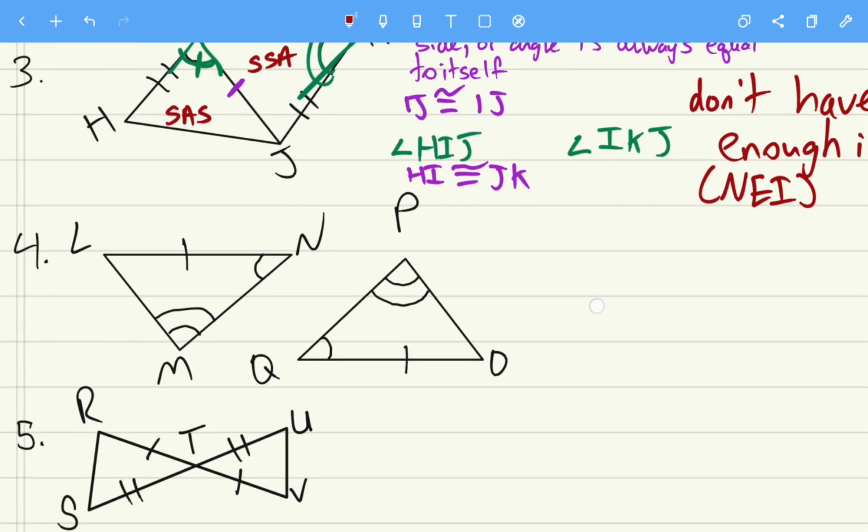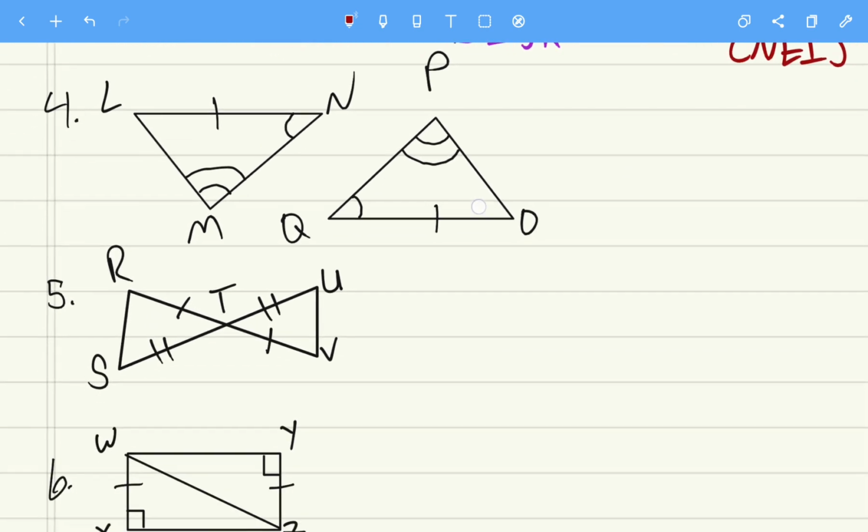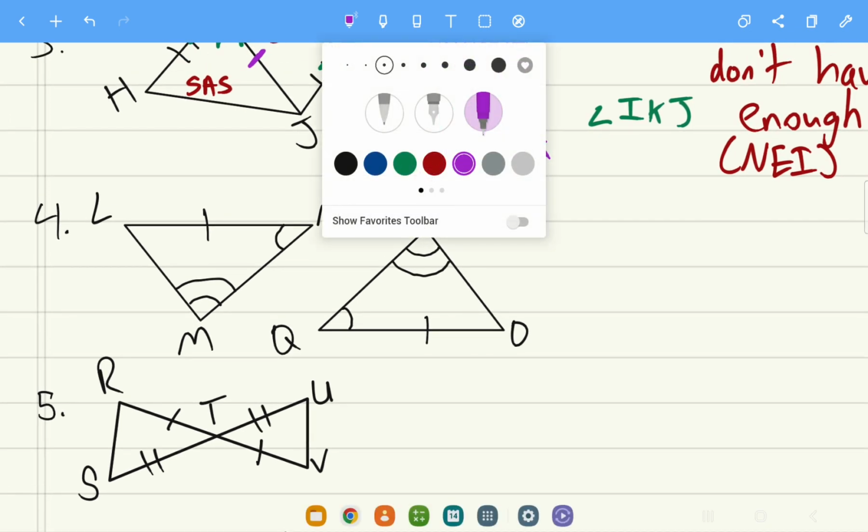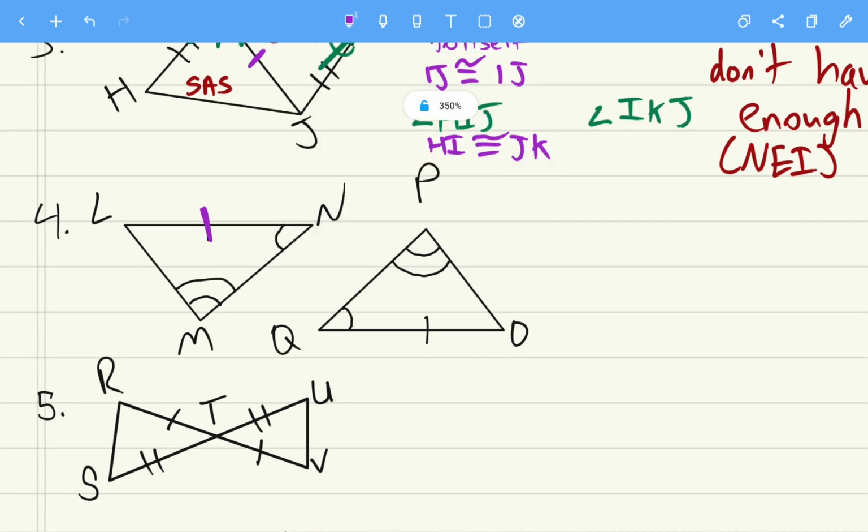Okay? Let's look at another one here. Number 4. I see we have LN and QO as being congruent.